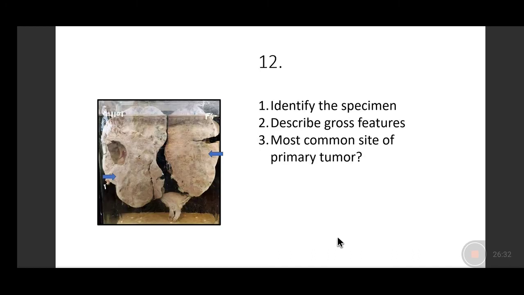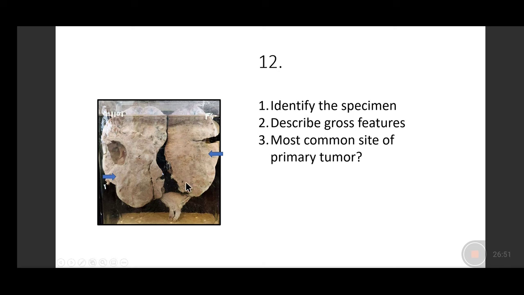So coming to the next specimen, in this we can see there is a uterus with cervix at the bottom, and to the uterine cornu the fallopian tube is attached, and you can also see bilaterally grossly enlarged ovarian structures.